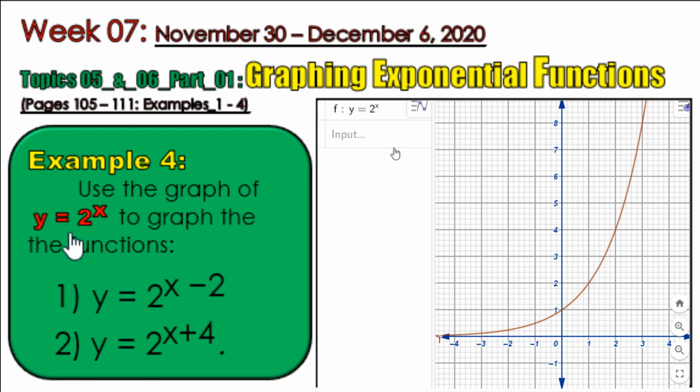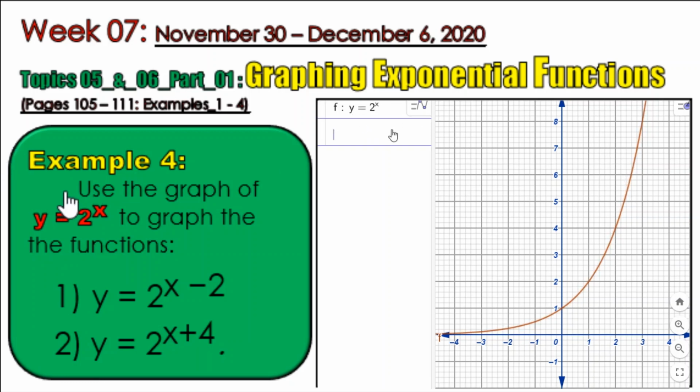Now let us start with the graph of y is equal to 2 raised to x, and this is the graph. Next, we will sketch the graph of the function y is equal to 2 raised to x minus 2.